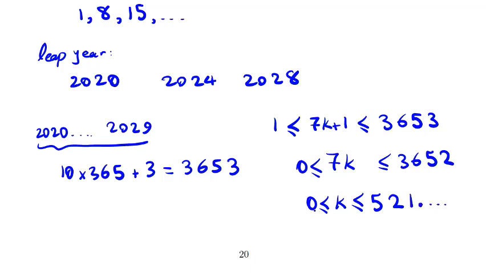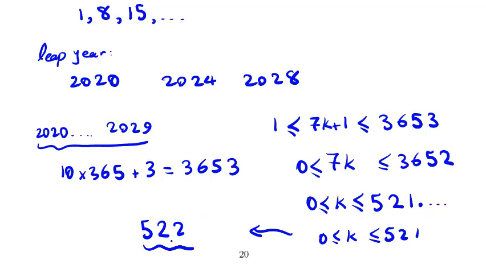So k can be from 0, because k is an integer, to 521. So the number of Wednesdays, from 0 to 521, is 521 plus 1. So the answer is 522.